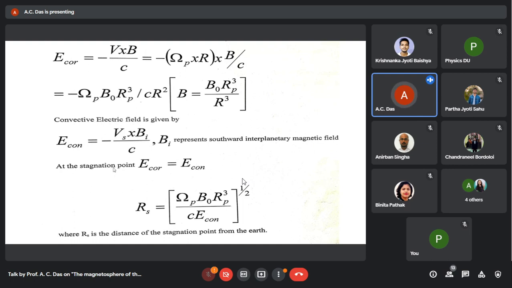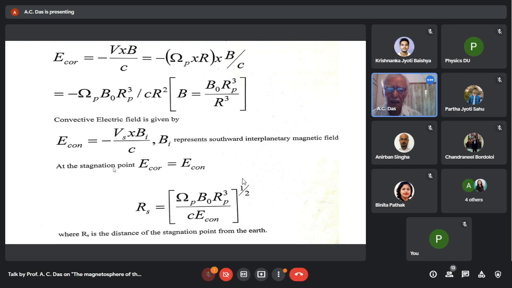So we can find out the convective electric field, and when you balance these two electric fields, then we get Rs in terms of the convection electric field, radius of the planet, and magnetic field B0 on the ground, and this omega p is the rotational frequency.